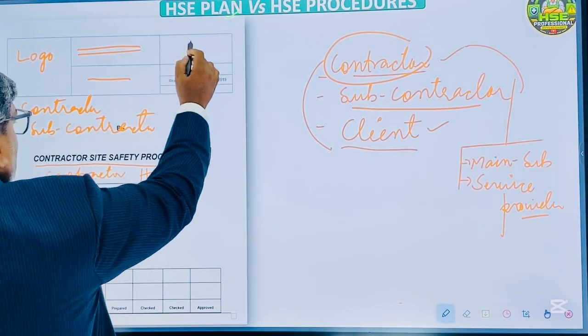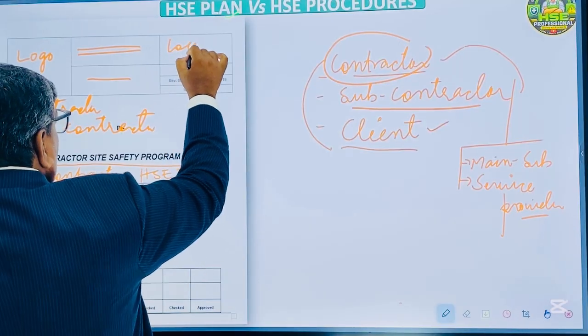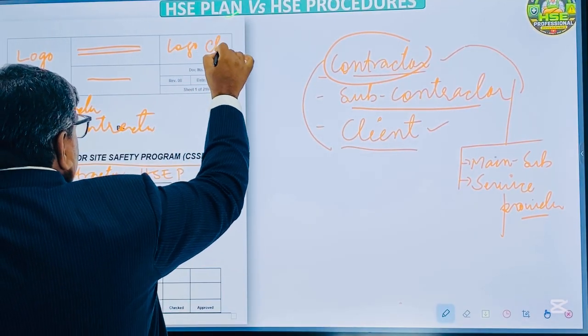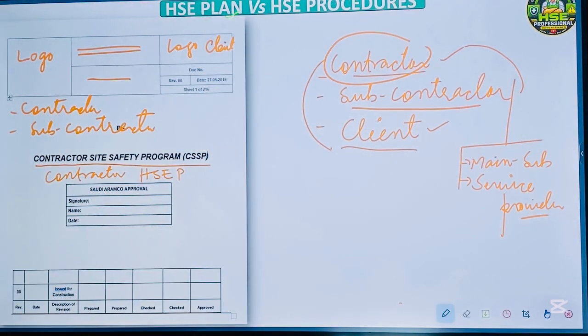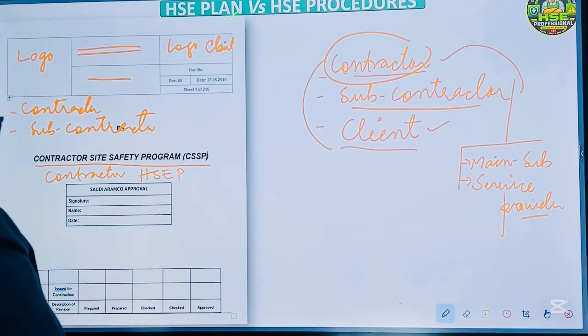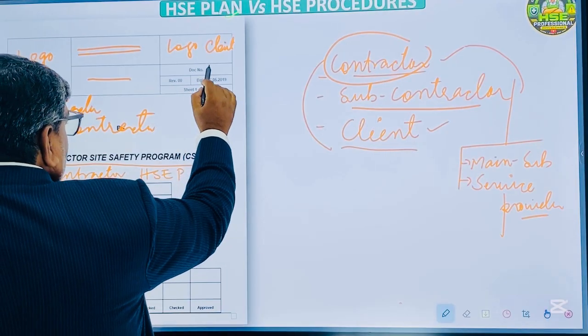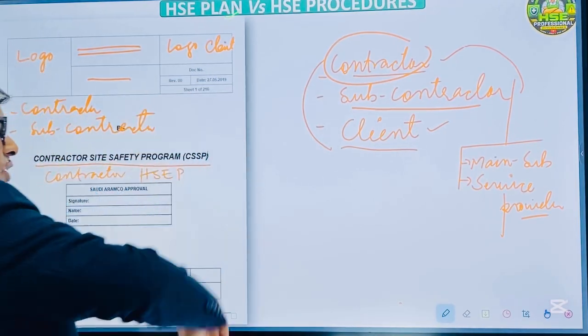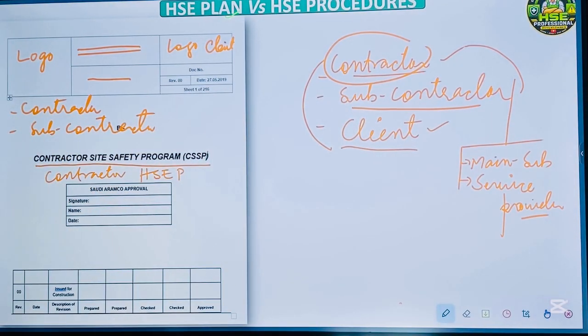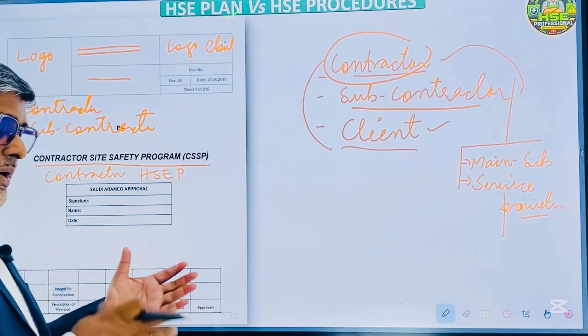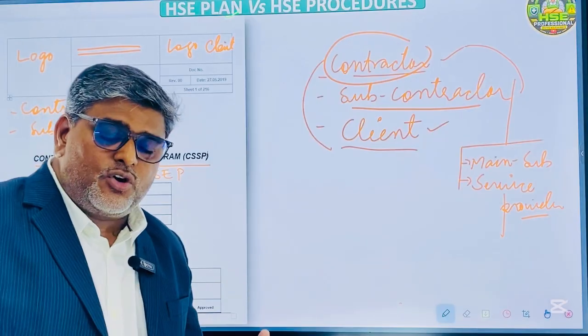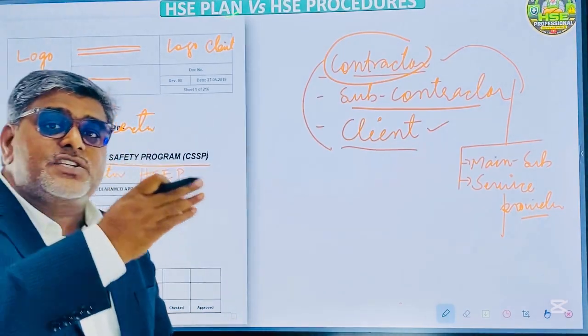Then you can add here the logo of your client, SABIC, Aramco, ADNOC and Qatar Energy. Then you have to write here the document number. This document number is very important because maybe this document is the first one, second one, third one. So the person who is preparing this document has to make a list.